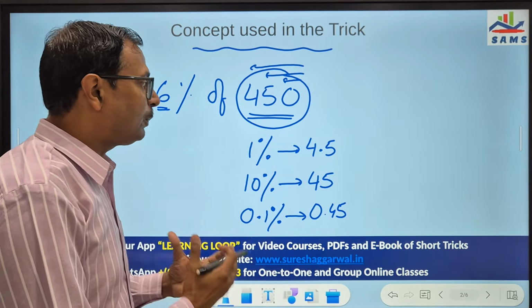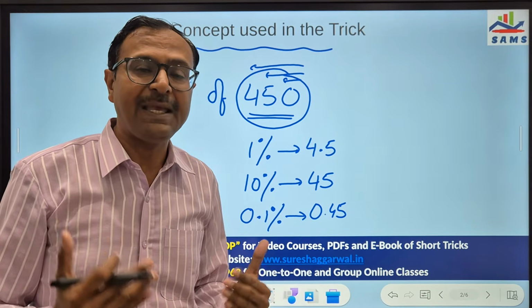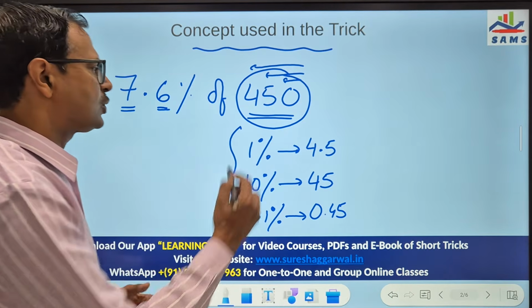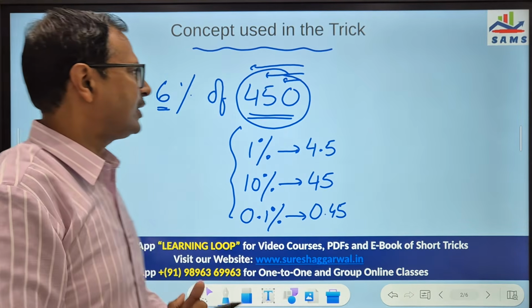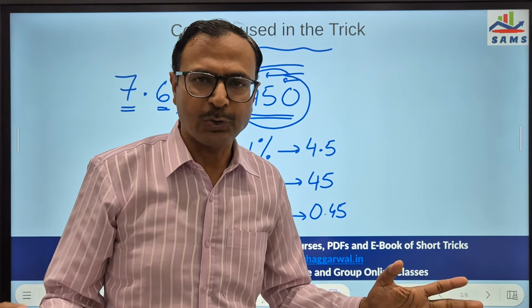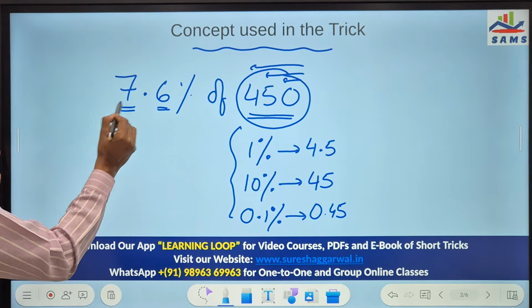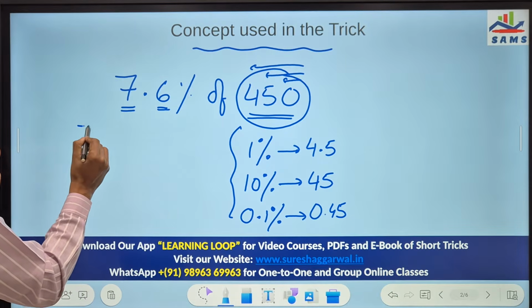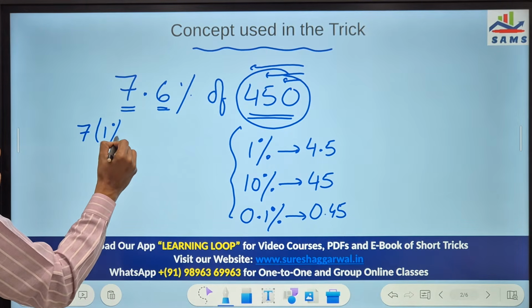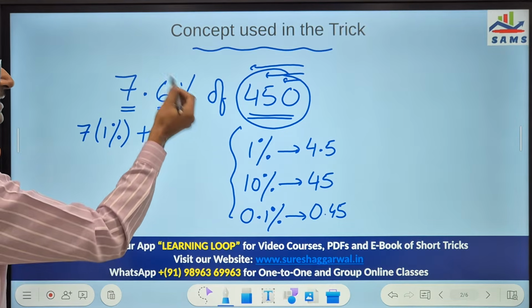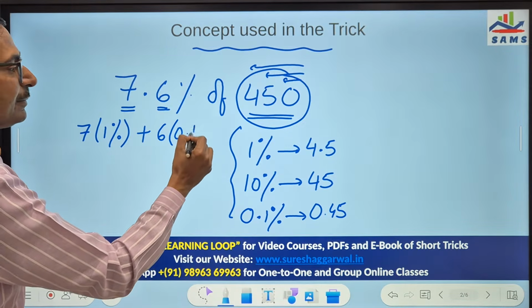So where do you put the decimal? Now that is the important thing. Okay. Now if you understand these three also, this percentage 7.6% of 450 is not going to trouble you. I'll tell you how. See, this 7% is 7 into 1% plus this 6 after decimal is 6 times 0.1%.